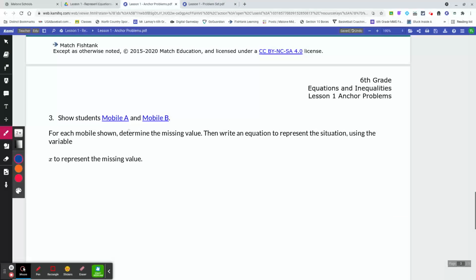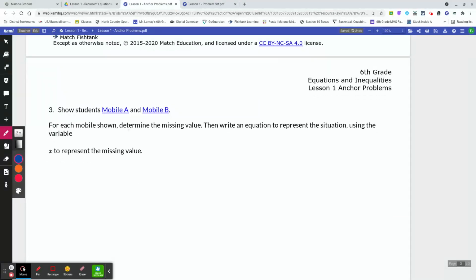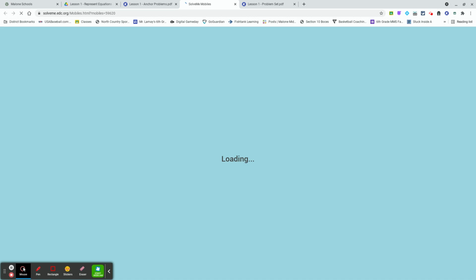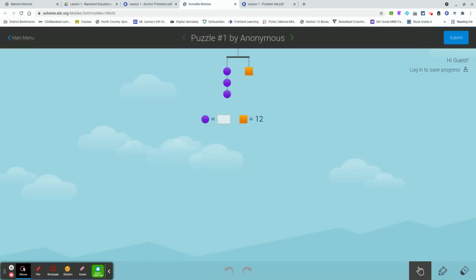So we can also represent these using a mobile, however you want to pronounce it. You can see here that I got to go to this. It shows students mobile A. It says for each mobile shown, determine the missing values. So if I go to that mobile, I'll let it load here 1 second. You can see that this is like a balance, so it has to be across the top.